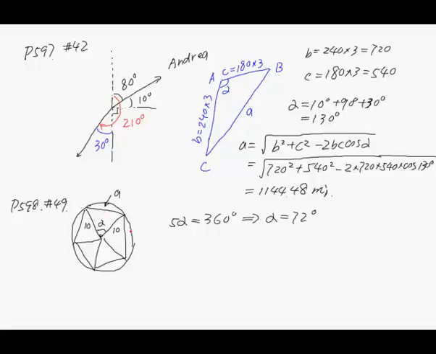Then you can find this A. So by the law of cosines, A is equal to the square of this length, 10 squared, plus the square of this length, 10 squared, minus 2 times 10 times 10, and then times cosine 72 degrees. Then simplify, it's equal to 11.47 meters.